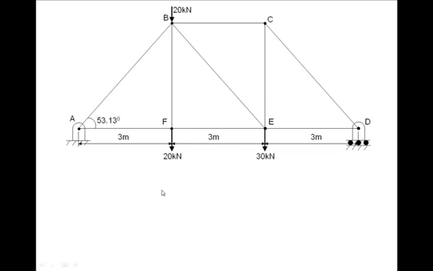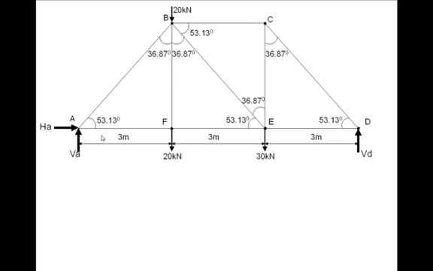Okay, now here is a truss, and suppose I just want the force in member BC. That's all. Now the first step, finding the support reactions, is the same as in the method of joints. The geometry will be known to you. You replace the supports by appropriate reactions and do sigma Fx equal to 0, sigma Fy equal to 0, sigma M equal to 0 for the entire truss.